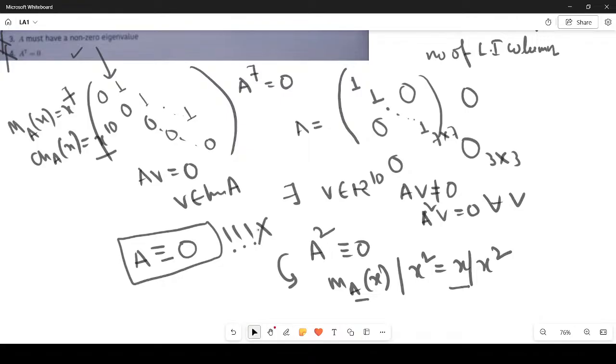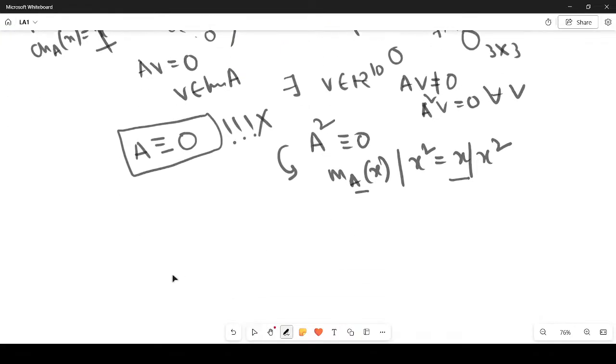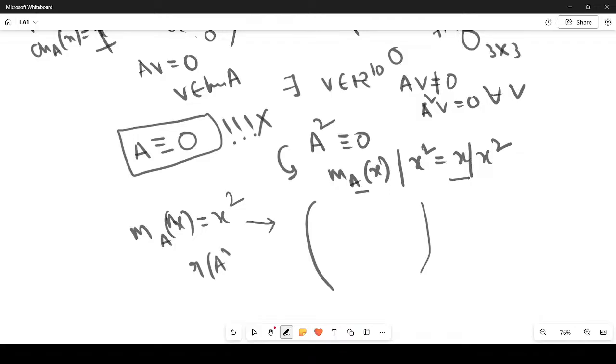Now, if the minimal polynomial of A is equal to x squared, that means the maximum order of a block corresponding to eigenvalue 0 is 2, right? Since A is a 10 cross 10 matrix, with rank of A equal to 7, if you construct it as 0 1 0 0, there will be five 2 cross 2 blocks on the principal diagonal.